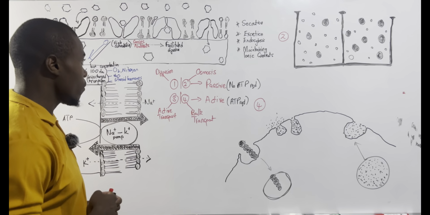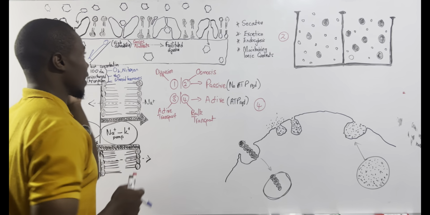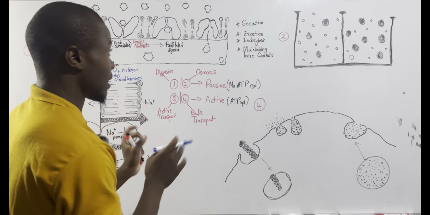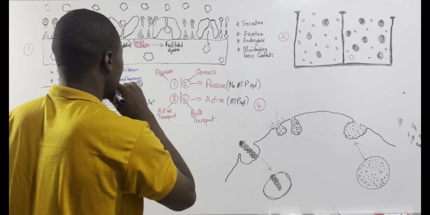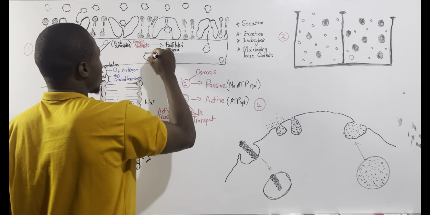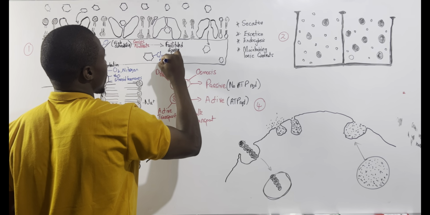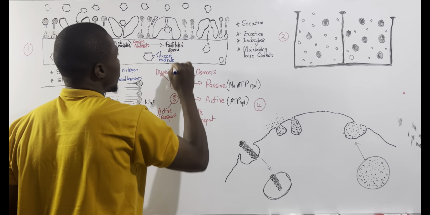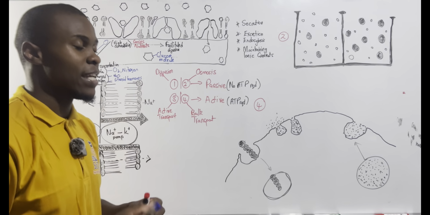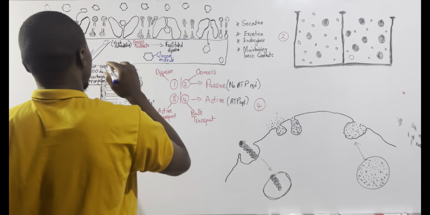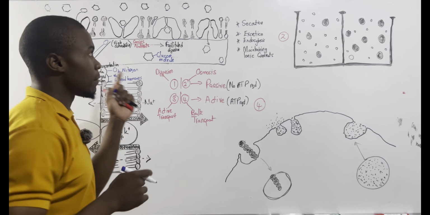Okay, so now let's explain the actual structure that is here. This is a basic example of transportation of glucose. So I'll label it and say this is a glucose molecule. For this glucose molecule to be transported into and outside the cell, it has to pass through carrier proteins.